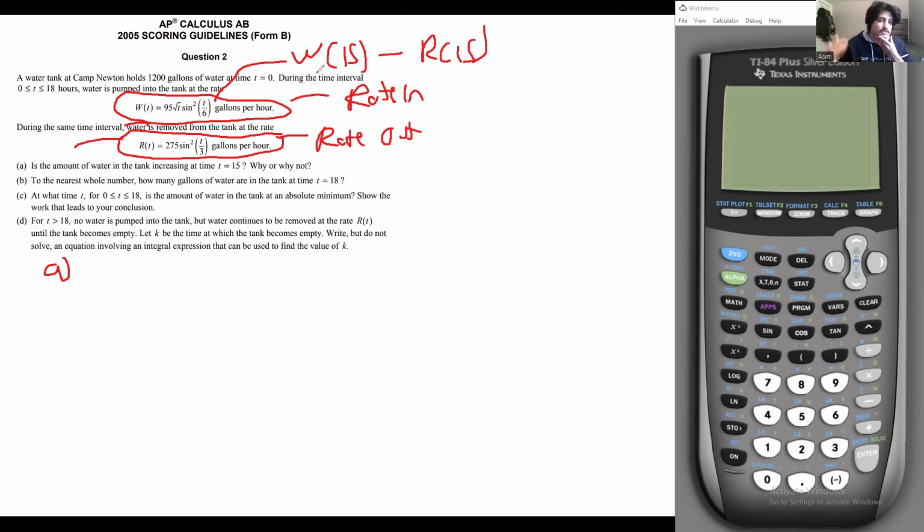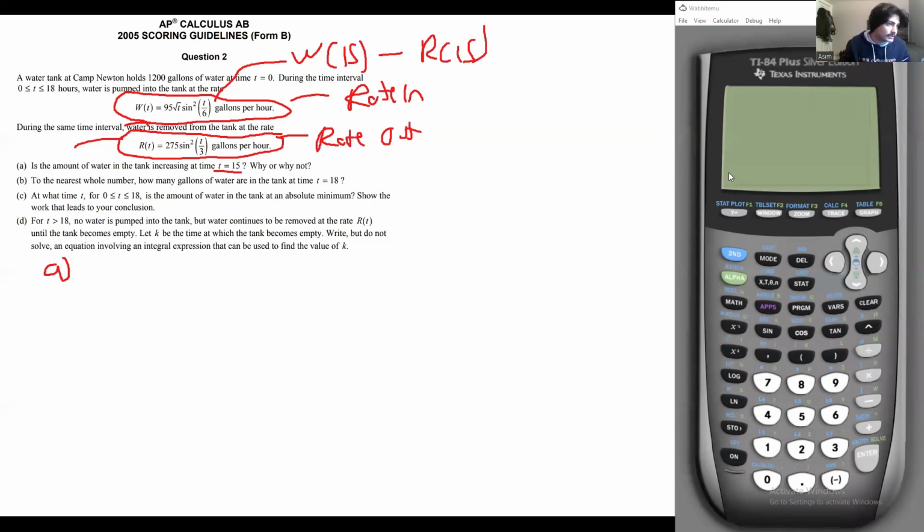The reason I'm using 15 is because we're looking for time t equals 15. So we're just gonna say W15 minus R15 equals what? If it's 0, it means that it's not changing. If it's greater than 0, it means that it's increasing at time equals 15. And if it's less than 0, it's decreasing.